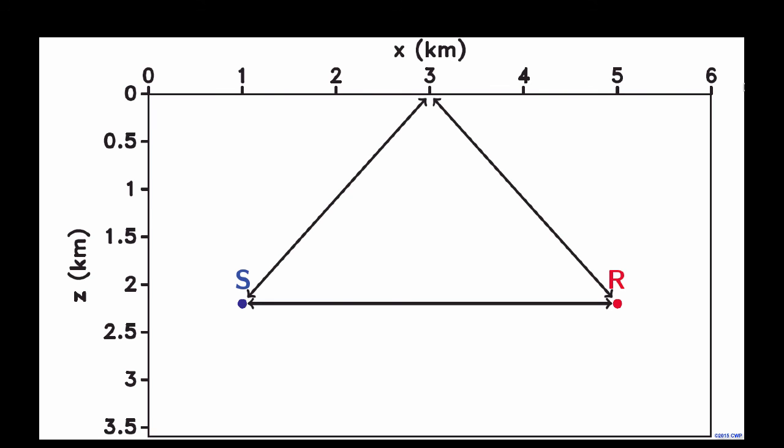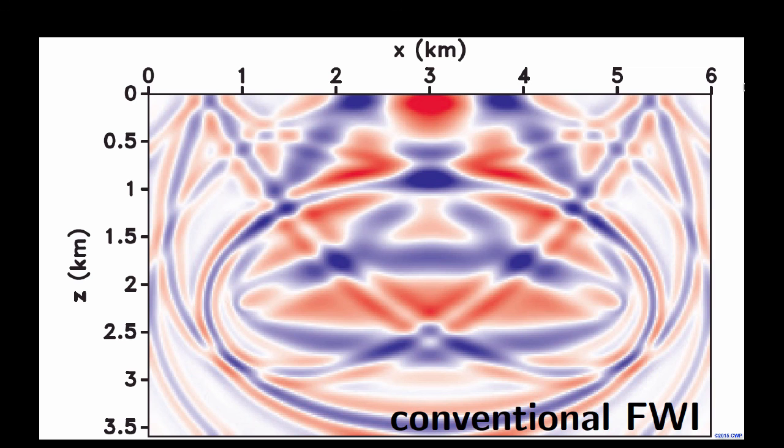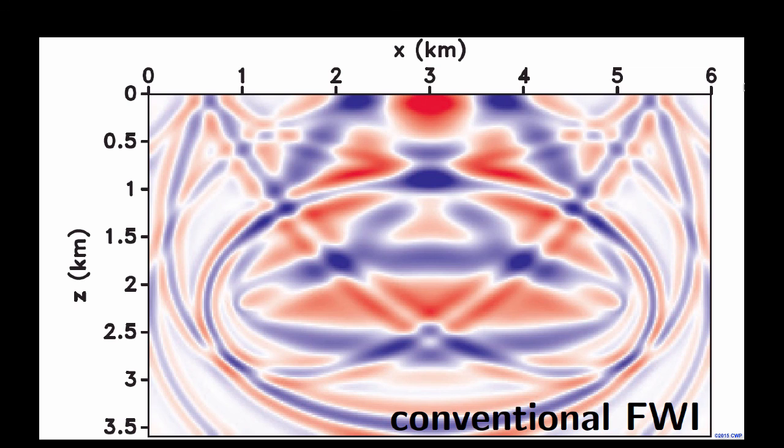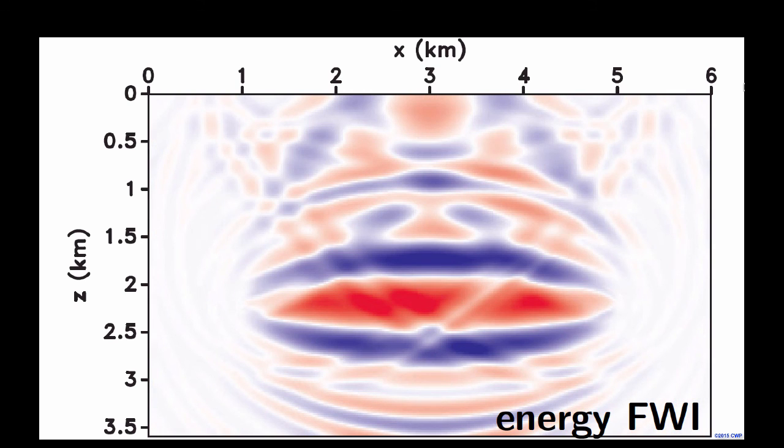As before, the result that we want is only the correlation along the direct wave path and the reflection path from the free surface. Conventional full waveform inversion gives this result, which, as I said before, has a lot of crosstalk artifacts that we want to avoid. Using the filtering technique, we can suppress most of them and emphasize the tomographic term in the direct wave path.